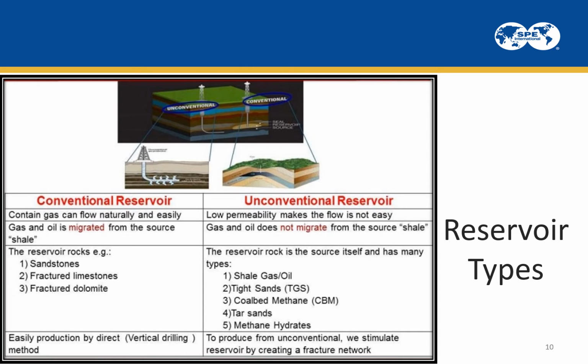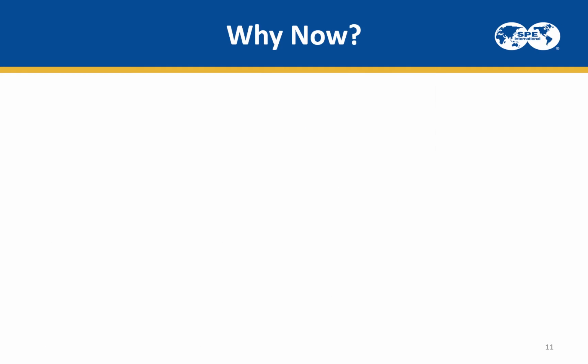Accordingly, the EOR method also will not be complicated compared to unconventional reservoirs such as shale oil and gas, tight sand, coal bed methane, tar sand, and methane hydrates. Unconventional reservoirs have low permeability, which is considered challenging for EOR implementation and for injectivity as well.